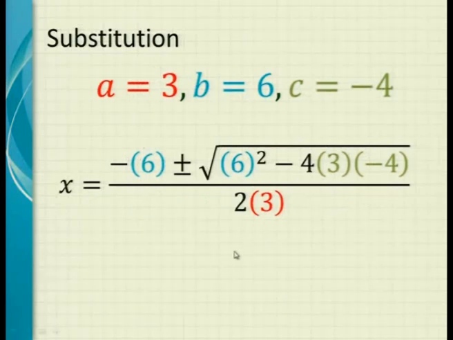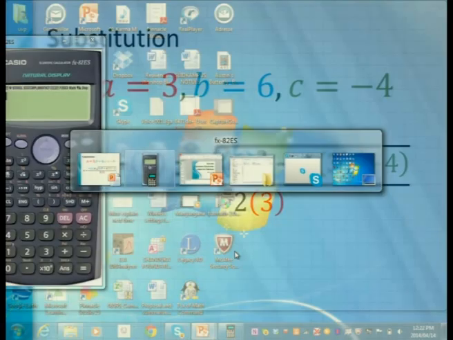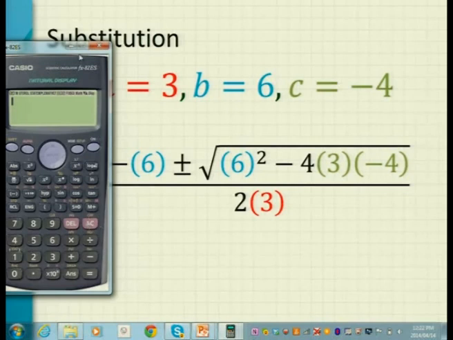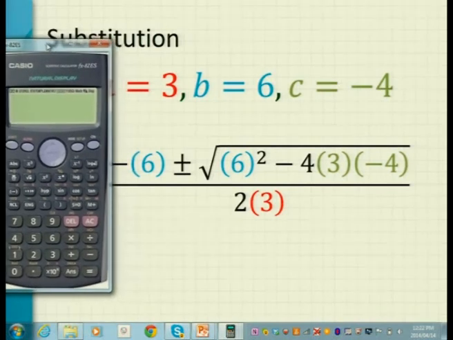I'm going to use just this last minute or two to see if we can get this one. So I've cleared this. We start off with a bracket, remember. So it's bracket minus bracket 6 bracket plus square root sign. Bracket 6 bracket, all of that squared.